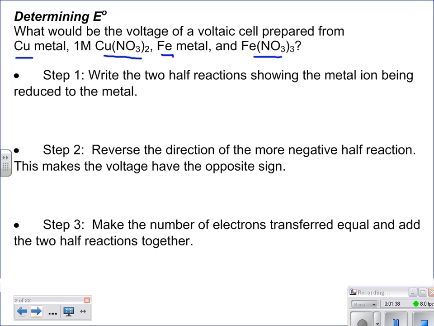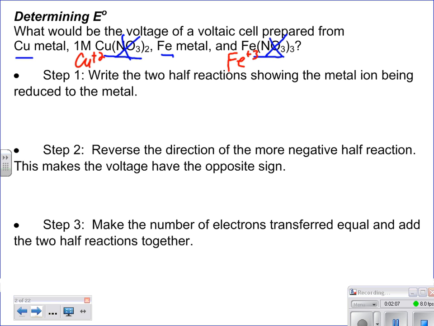So the first thing you could do is think about your half reactions. Keep in mind that we've got compounds, copper 2 nitrate and iron 3 nitrate, but the nitrate is just a spectator ion. It goes away. So really we've got copper 2 ions and iron 3 ions. We don't need to worry about the spectator ion of nitrate.